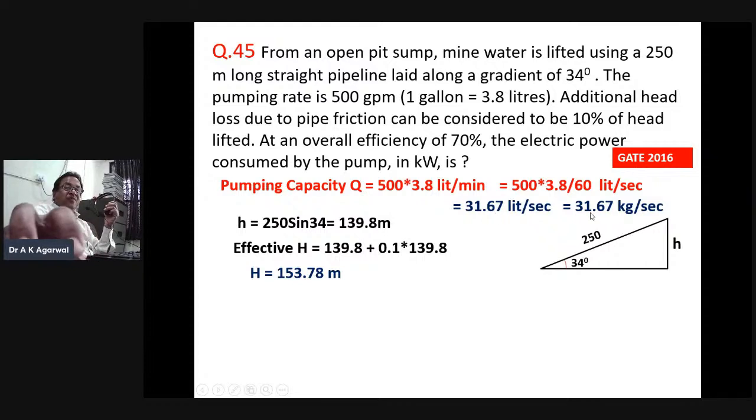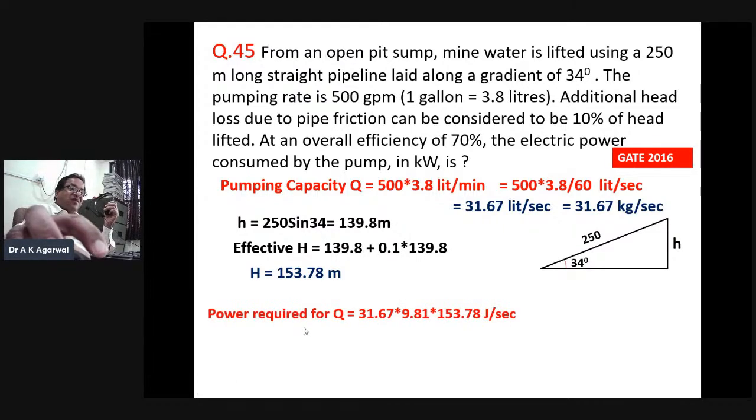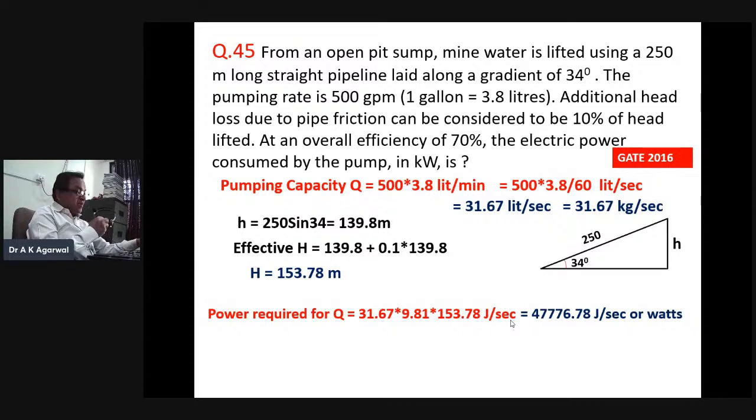Q you know, 31.67 kilogram per second. H you know. g is 9.81. Power required is equal to mgH: 31.67 into 9.81 into H 153.78 joule per second. This is equal to 47776.78 joule per second, or watts.